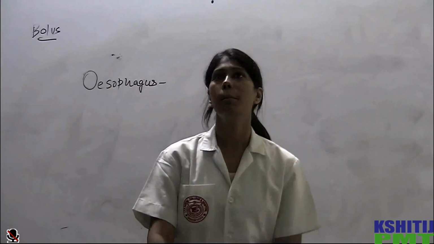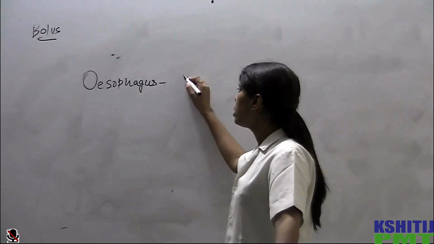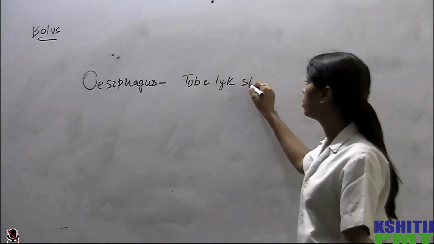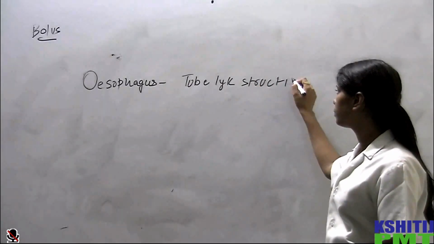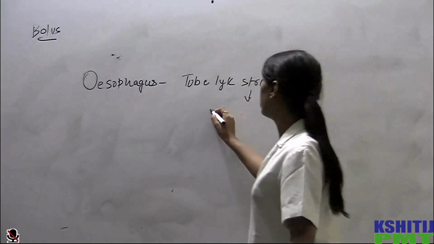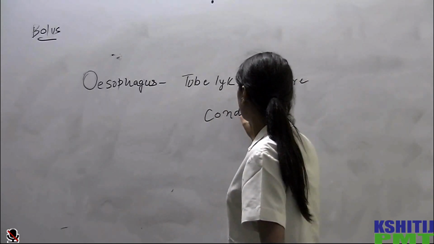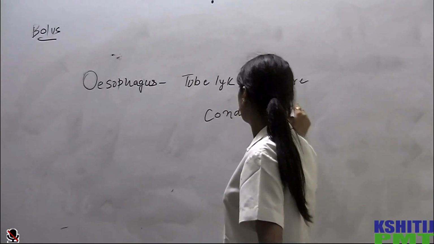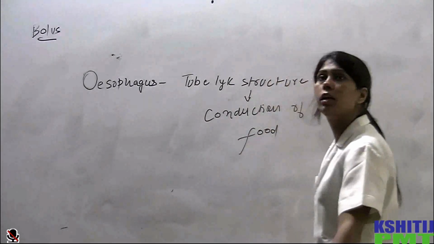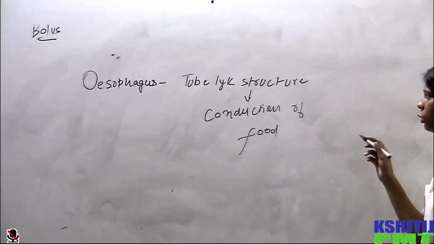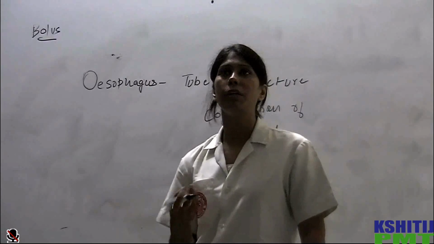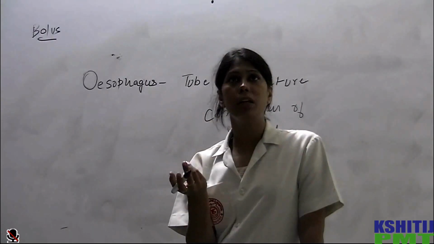It just has peristalsis. So this is just a tube-like structure which helps in conduction of food. Now, this is just a tube, so how can it help in conduction?